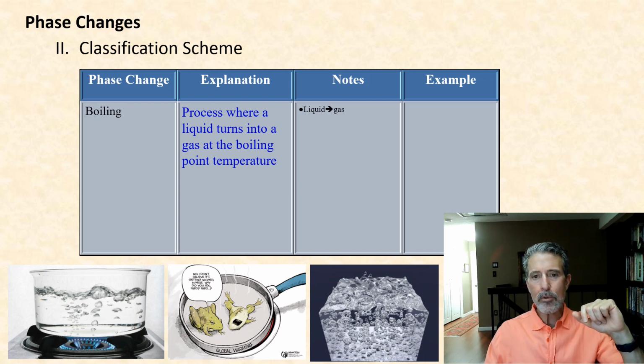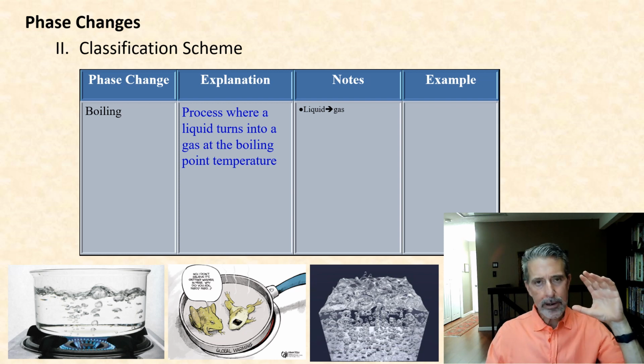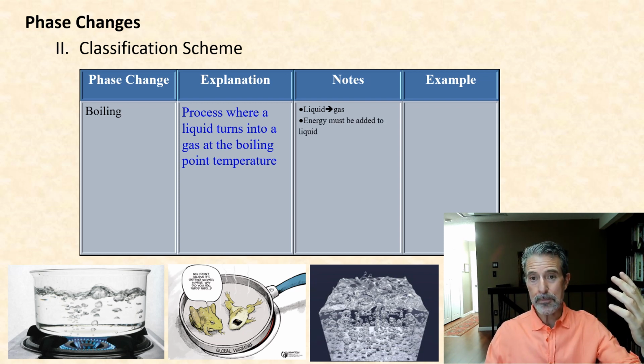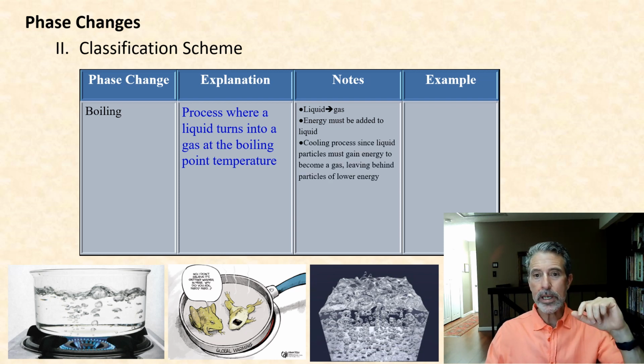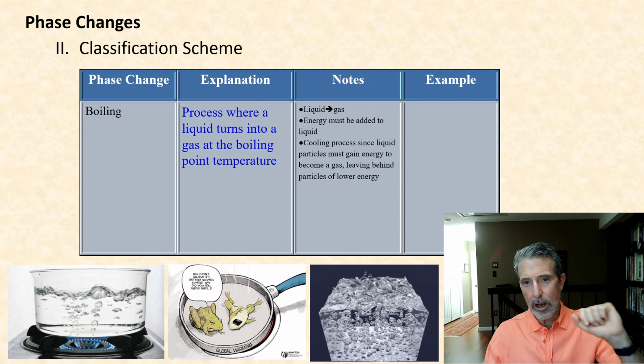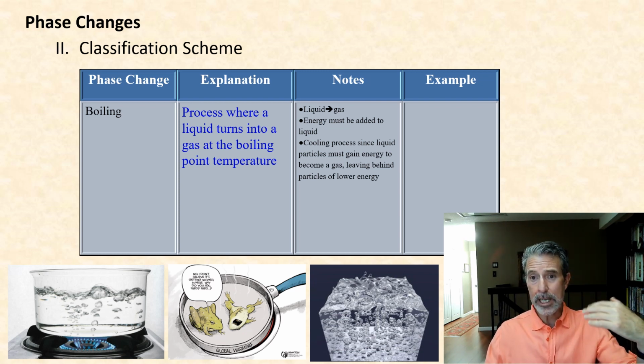So, like evaporation, boiling involves a change in phase from a liquid to a gas, and like evaporation, energy must be added to the liquid molecules to turn them into gaseous molecules. Also, like evaporation, we can think of boiling as a cooling process, since liquid particles must gain enough energy to become a gas. And when they do so, this leaves behind particles of lower energy on average.